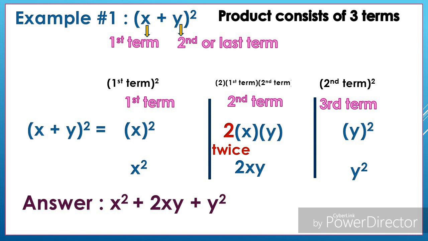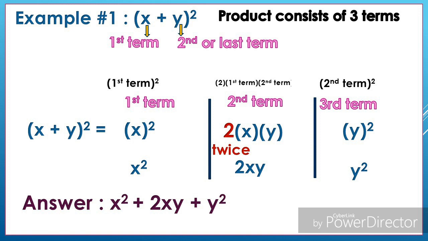Okay, ang square of binomial ay mayroong 3 terms. Okay, example number 1. The quantity of x plus y squared. So, as you can see, x is our first term and y is the second term or the last term. Okay, so ito yung pattern na susundin natin. Para makuha yung first term natin, we square the first term.